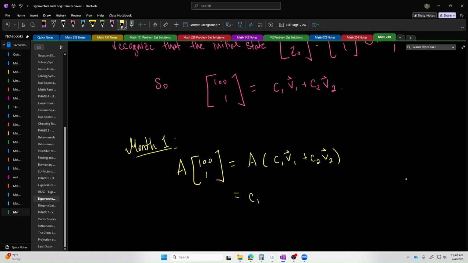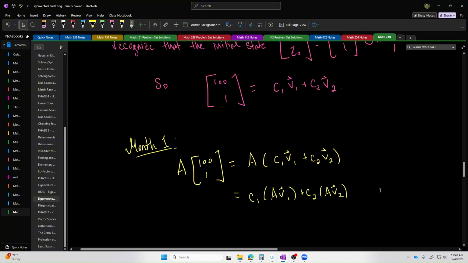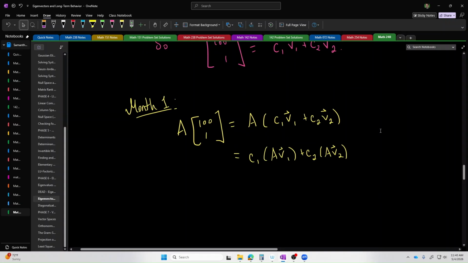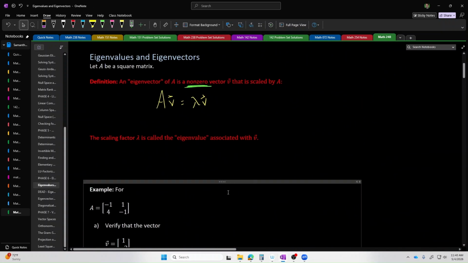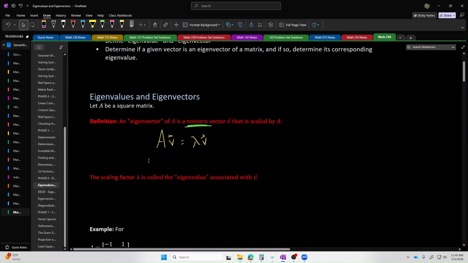Now, if I distribute that A to each of the two eigenvectors, something really interesting happens. I get the expressions A times v1 and A times v2. When you're dealing with eigenvectors and eigenvalues, a formation like that is really significant, because the defining property of an eigenvector is that when you multiply an eigenvector by the matrix, what results is the same thing as that vector times its eigenvalue.